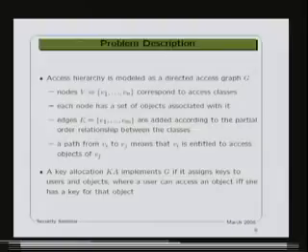And each node has a set of objects associated with this class, and these are all disjoint sets. And edges are inserted into this data structure according to the relationship between those classes. And we'll just call those edges E1 through EM.